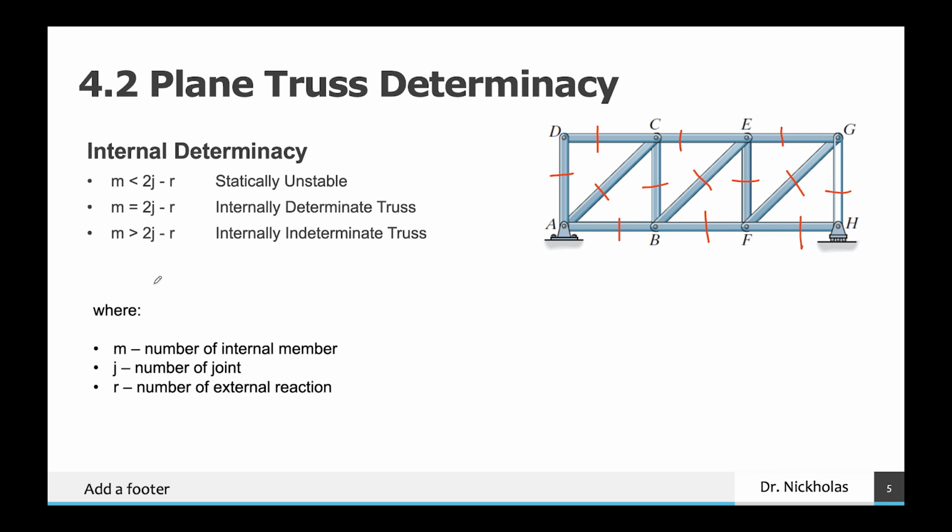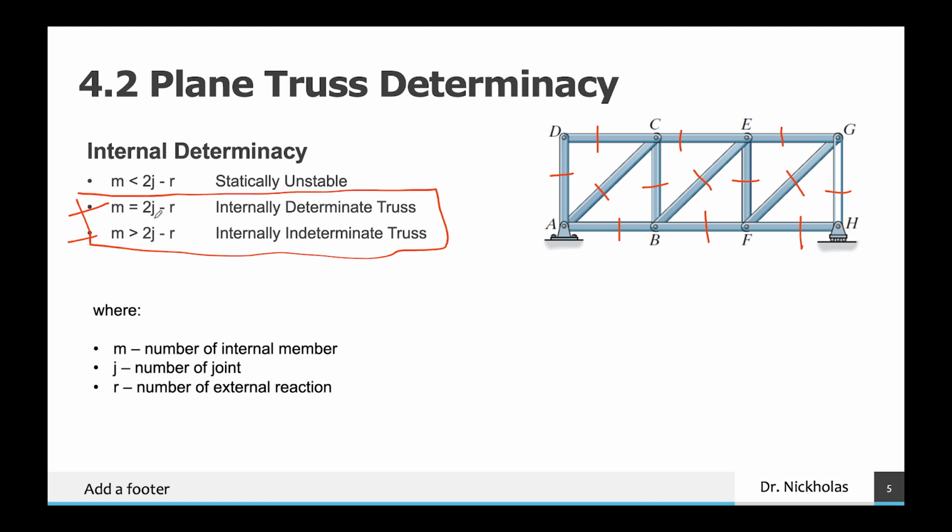So in order to check the condition of the truss using this equation, we assume that we know this truss is stable, so we are just focusing on these two conditions. J is the number of joints.